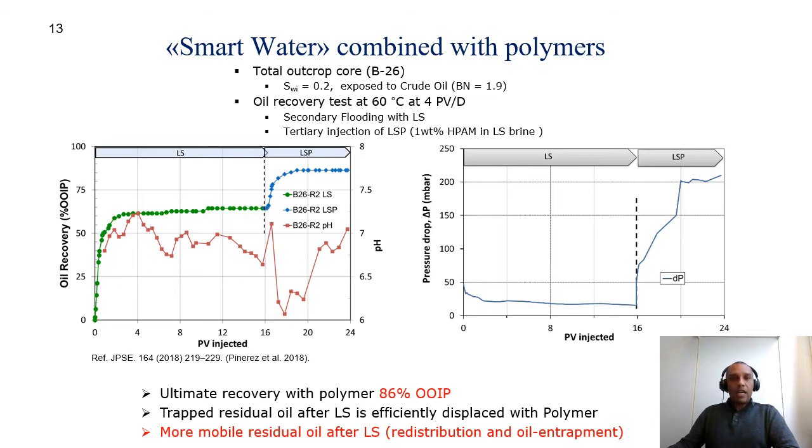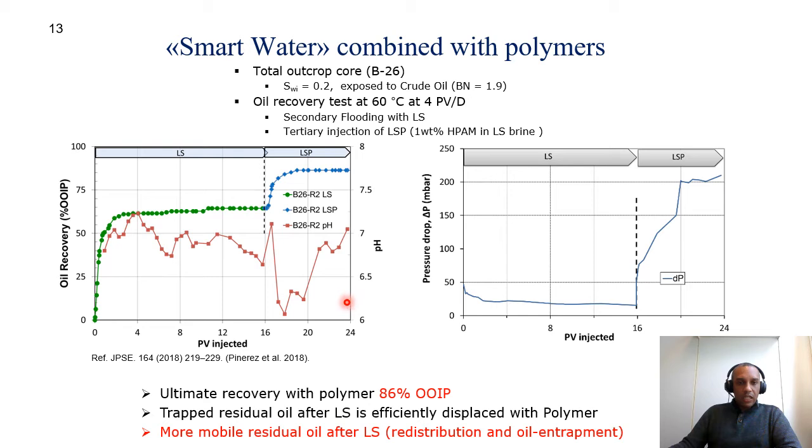Then we gave a try to test this hybrid effect. We wanted to combine the smart water effect that we saw in secondary mode with polymers. After the test with the low salinity brine, we introduced the polymer. And to our surprise, we recovered approximately 20% more.